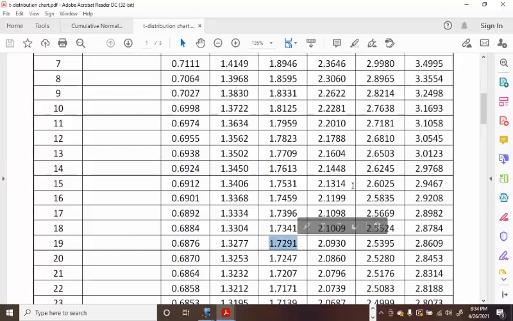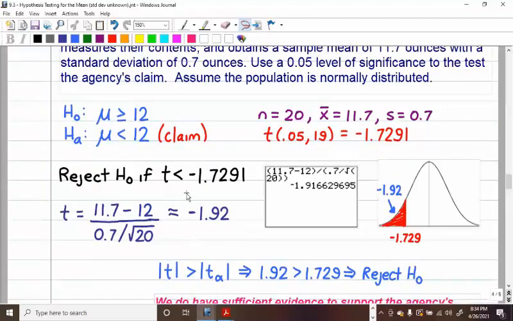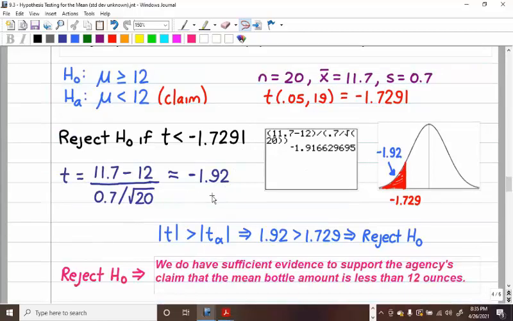Of course, that's going to be negative because it's left-tailed. So we're going to reject H0 if t is less than negative 1.7291. And I calculated, and I got negative 1.92.